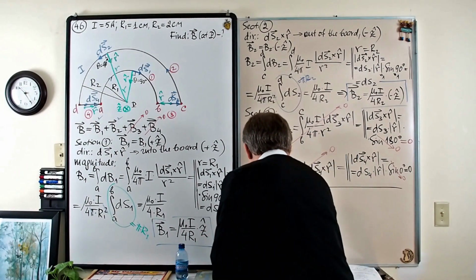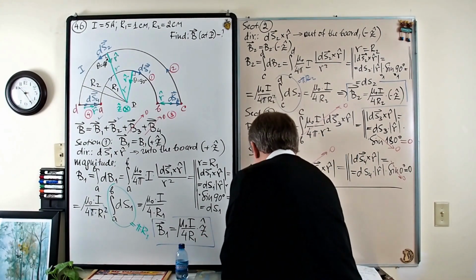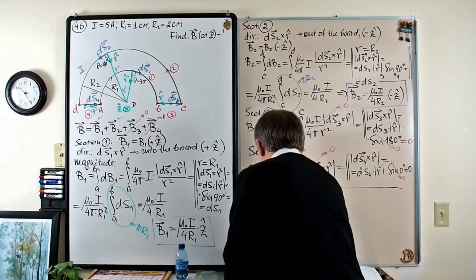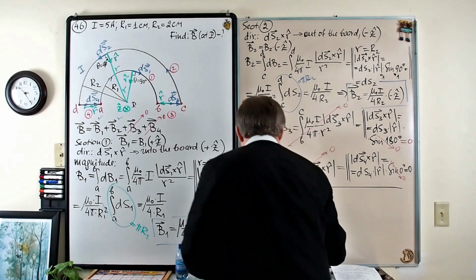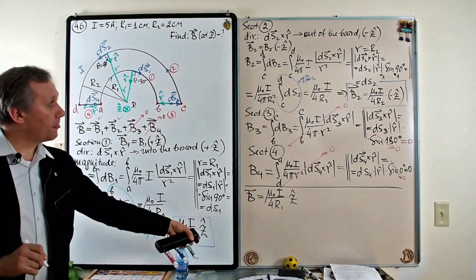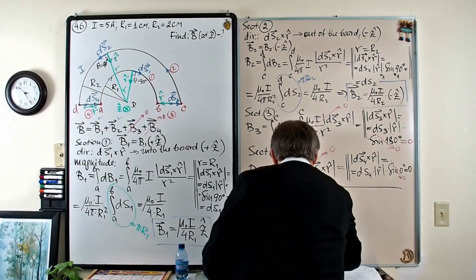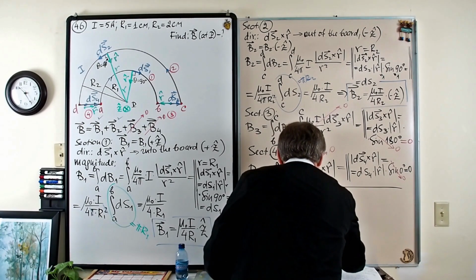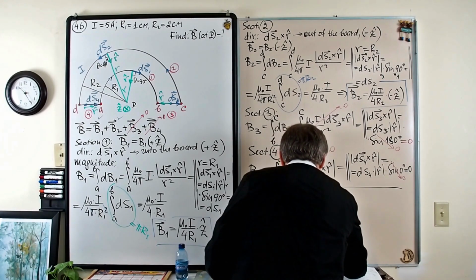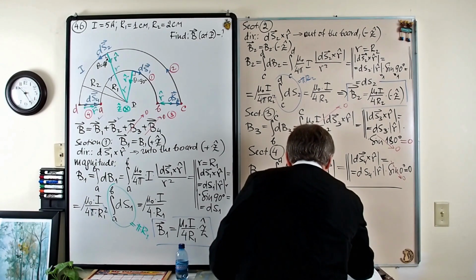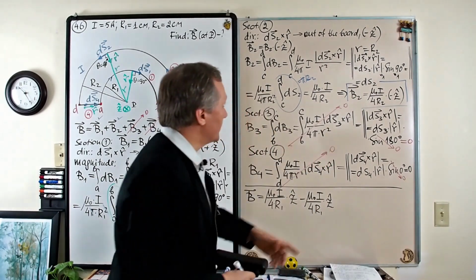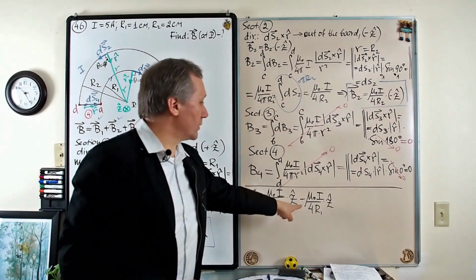So it's mu naught I divided by 4R1 in the positive z direction. Then B2 with a minus: minus mu naught I divided by 4R2, and again in the z direction. But this minus, you see, I put it in front.